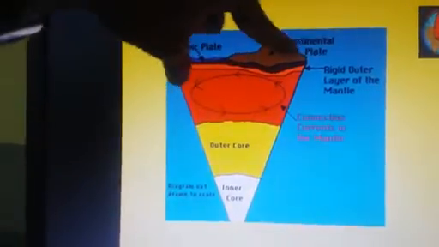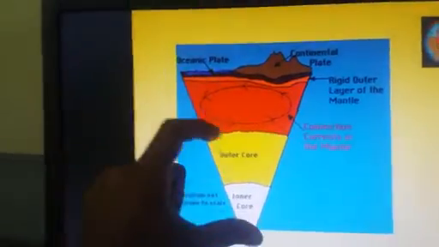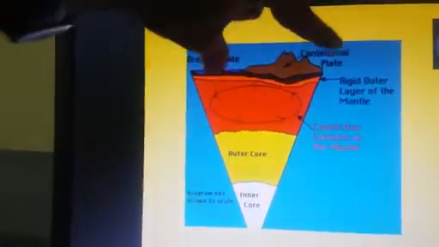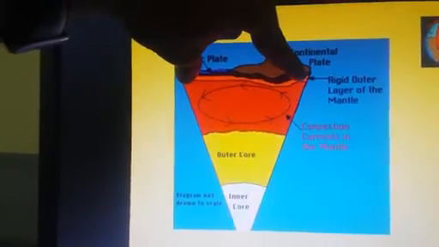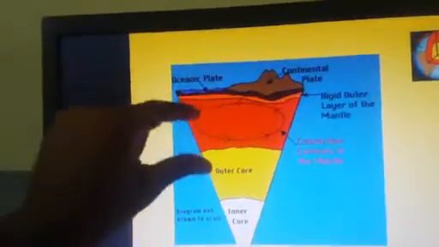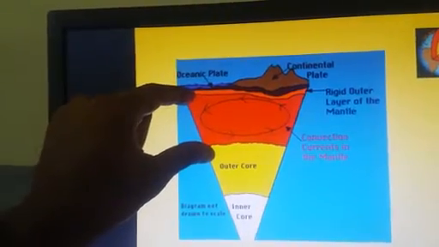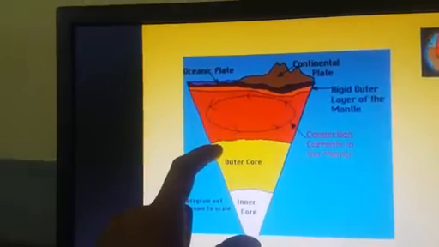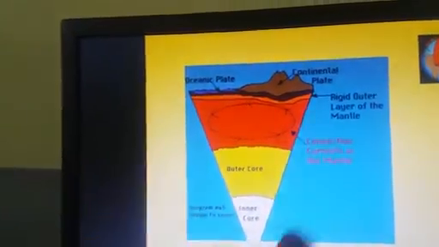Sial, Sima, Nife. In this part Sial, silicon and aluminum are found, in this part Sima, silicon and magnesium are found, and in this part Nife, nickel and ferrous are found. So this is the important diagram.